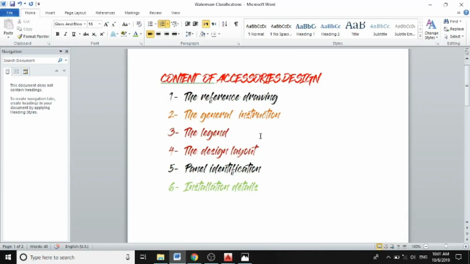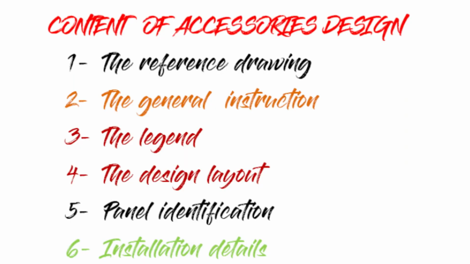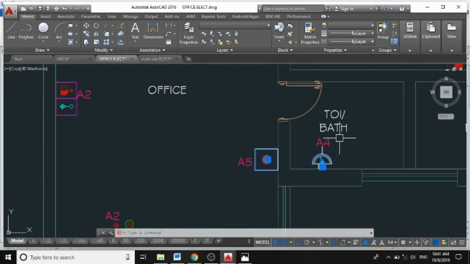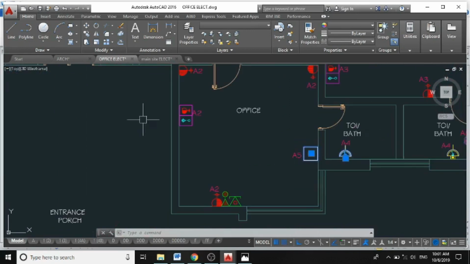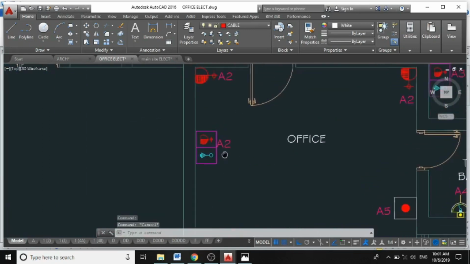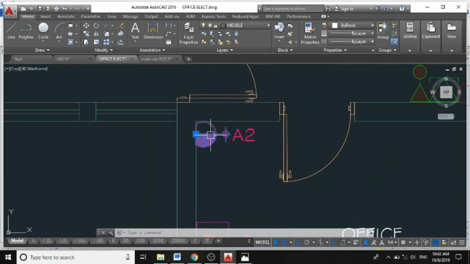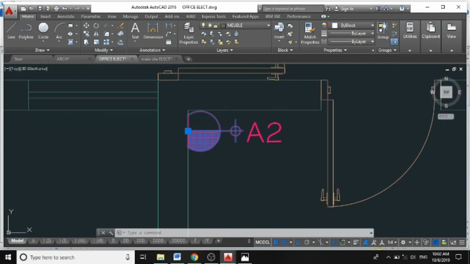The next content in every electrical accessory design is the panel identification. You must have observed throughout this layout there is always a number close to all my fixtures here. For example here, 13 or 15 ampere outlet, single socket outlet.